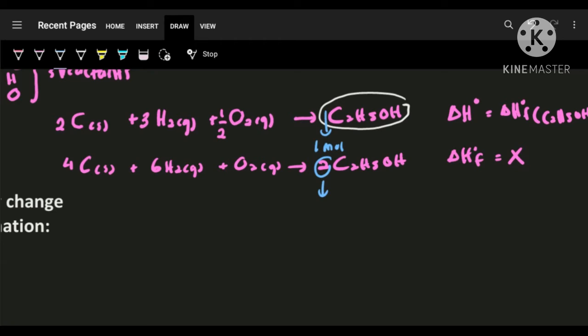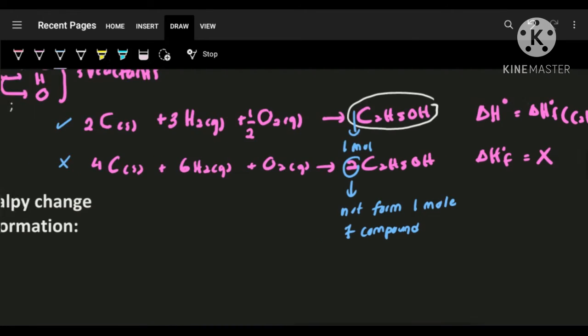It must form 1 mole of compound, so it is not considered a standard enthalpy change of formation. You have to modify your chemical equation to form 1 mole of compound. So the above equation is a standard enthalpy change of formation, and the second equation is not.